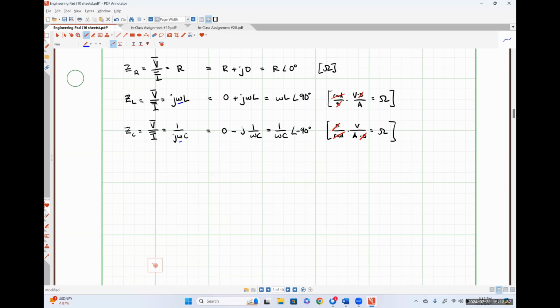Okay, before we work in class assignment 19, problem 4, does anybody have any questions regarding impedance? Okay, I have a quick question. Did you mean to pull on that resistor when you put it into polar form, the R and then angle sign and 0 degrees?